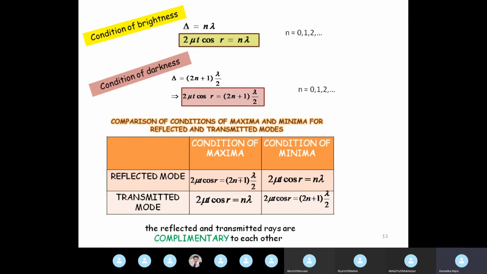This again is a very important question that is often asked not only in your theory but also in your practical viva: why are the reflected and transmitted rays called complementary, or what is the relation between the reflected and transmitted rays in the case of thin parallel film interference. And this is the condition, they are complementary to each other.